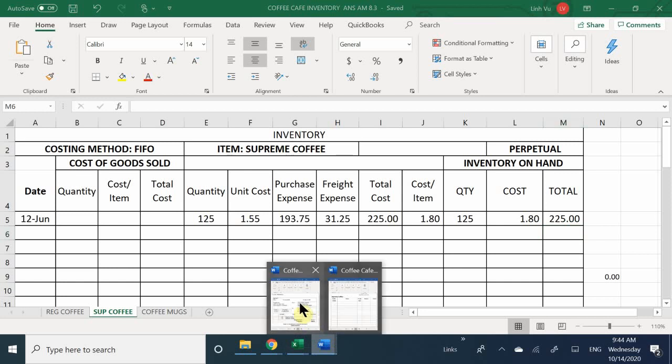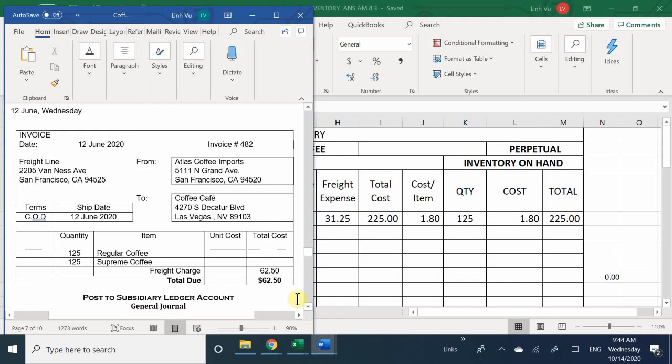So as you can see, there is a trend that we are doing, right? We're moving from journal to ledger to subsidiary ledger and then to any other worksheet that applies afterwards. What you can do is utilize your inventory worksheet first to solve for what you need to solve for and then calculate it.